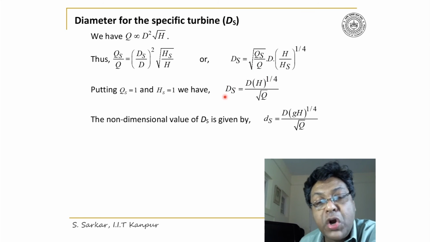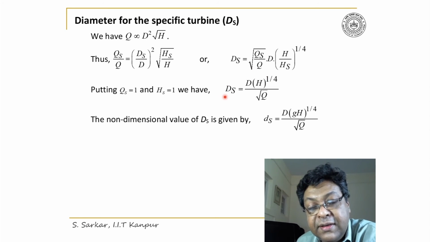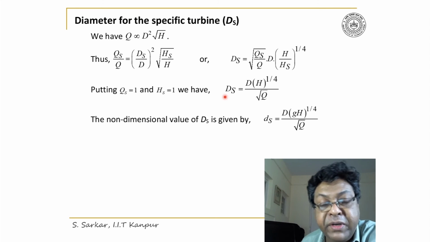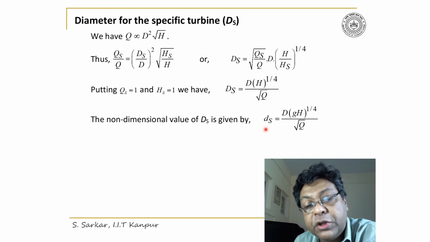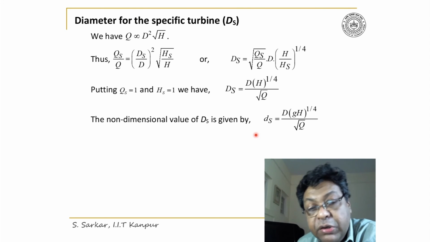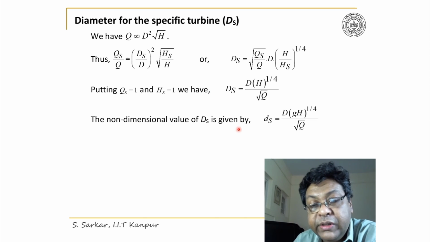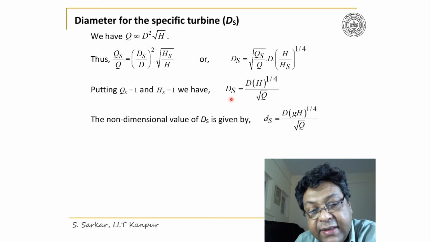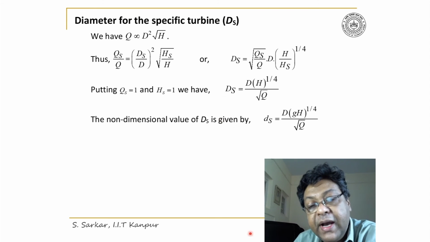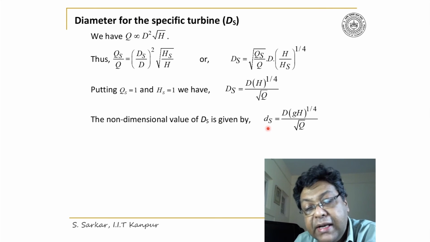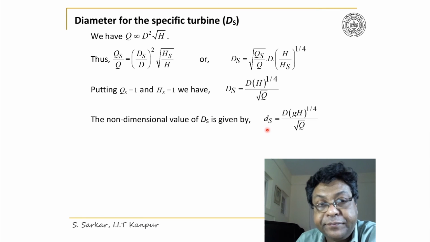Now, the dimensionless value of specific diameter can be expressed as small ds is equal to D into (gH) to the power 1/4 divided by root over Q. So this is capital Ds, the specific diameter, and this is the dimensionless specific diameter, small ds.